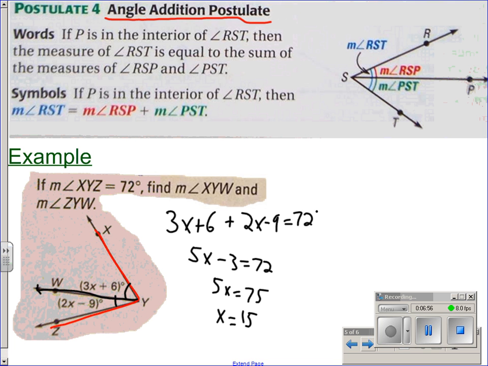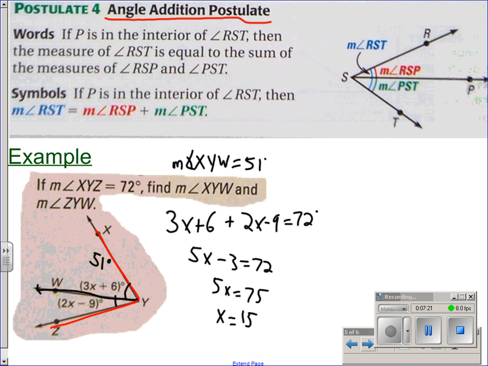Take that value, plug it in. So I'm looking at angle XYW, 3x plus 6. 3 times 15 is 45, plus 6, 51 degrees for angle XYW. And so the way we say it, measure of angle XYW equals 51 degrees.